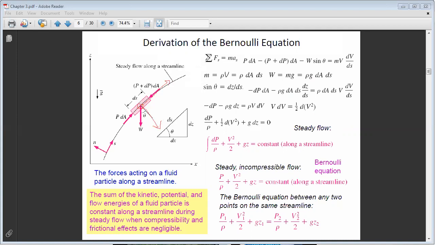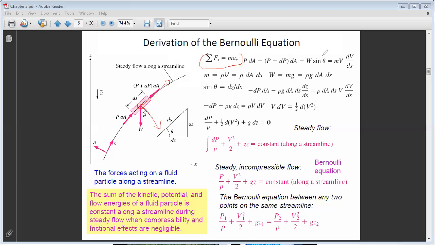If I apply Newton's law along the tangential or streamwise direction, I can write sum of forces equals mass times AS, which is the acceleration component along the tangential direction. Now I will consider what my forces are.